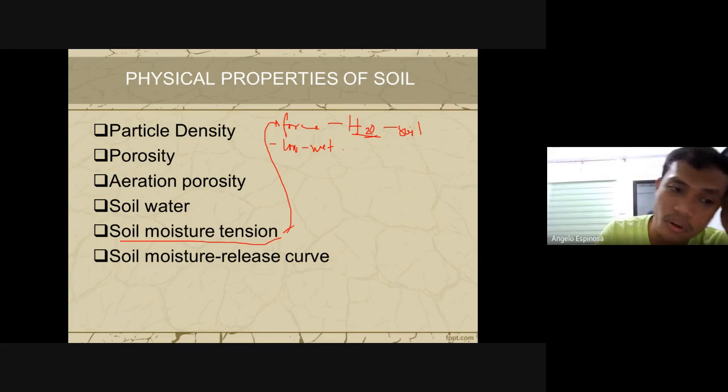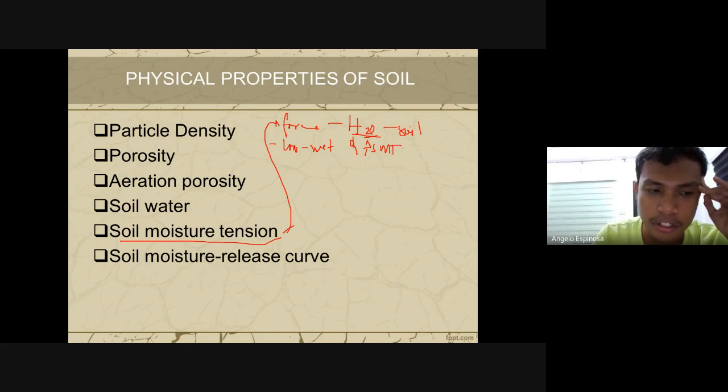So the soil moisture tension increases when the soil dries up.